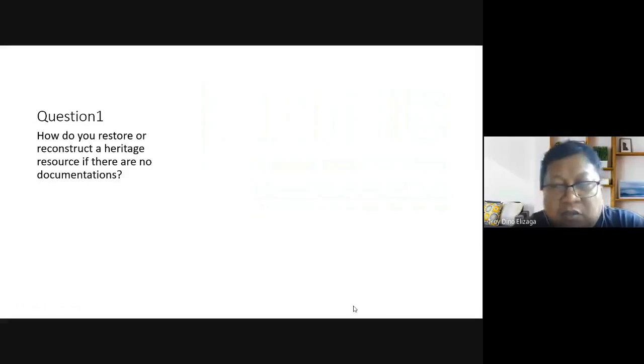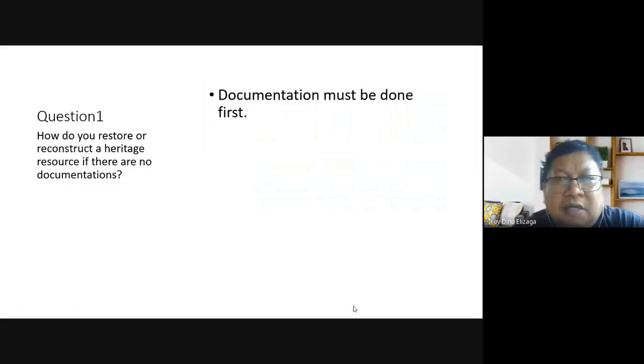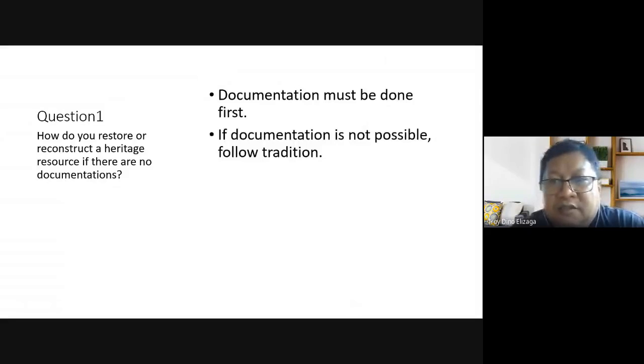Okay, so it was a very interesting talk, no? They said that there has to be documentation done first before anything else. If there's difficulty in documenting, you should follow tradition. Difficulty in documenting means probably there is no other basis for how it was done.